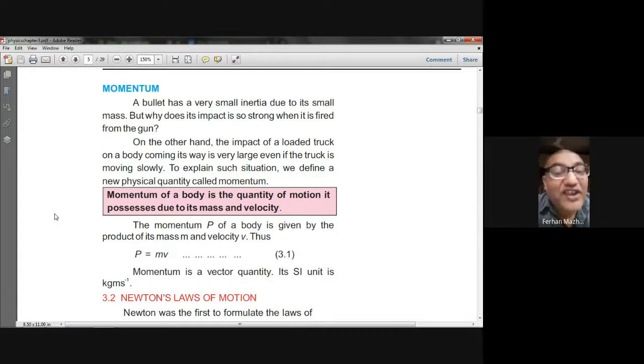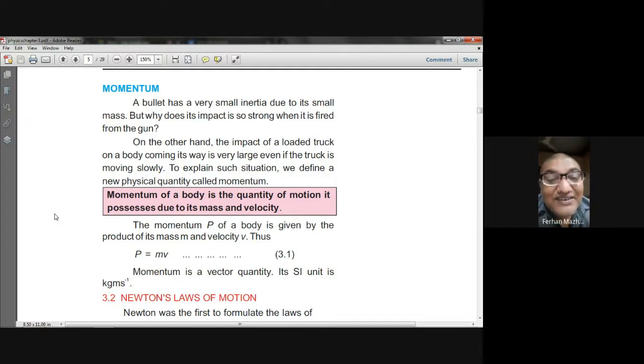Train, yeah, the train will cause more damage. The reason is the momentum. Whenever we talk about things colliding with each other, we talk about momentum. We do not check the speed only, we do not check the mass only, we always check the momentum. For example, bullets. The mass of a bullet is very small, for example, 4 gram only.